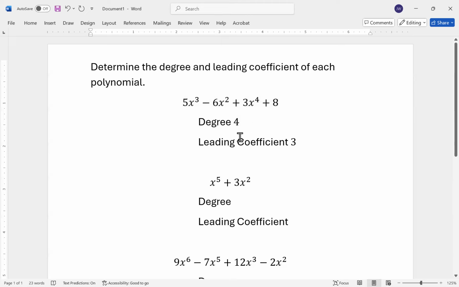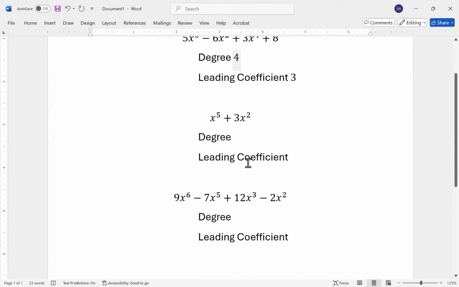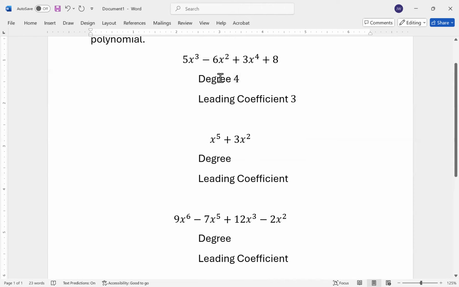And that highest power on x is the degree. So regardless of the order of the terms, the lead coefficient is still 3 in this first problem, and the degree is still 4.